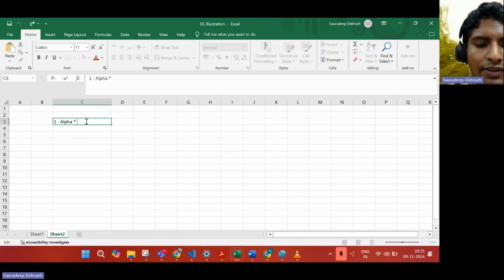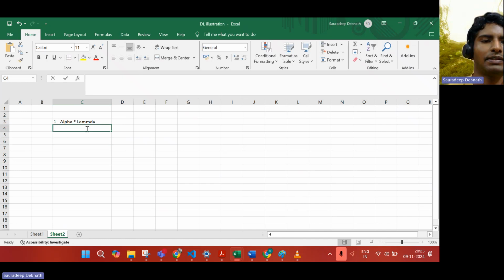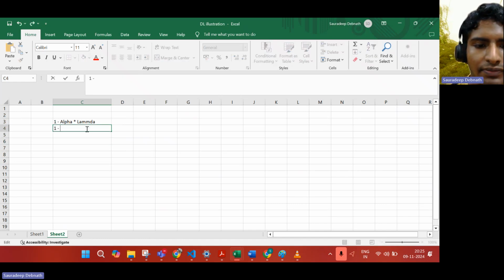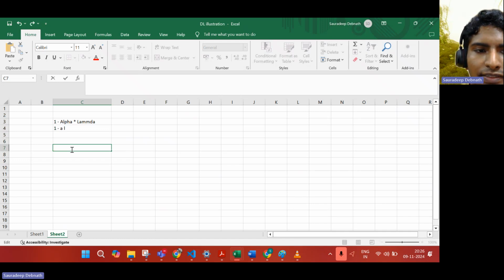Let's simplify it for our sake and call it r. If the value is positive, say the value of this is 0.8, and we're multiplying the entire thing. What is the formula here?